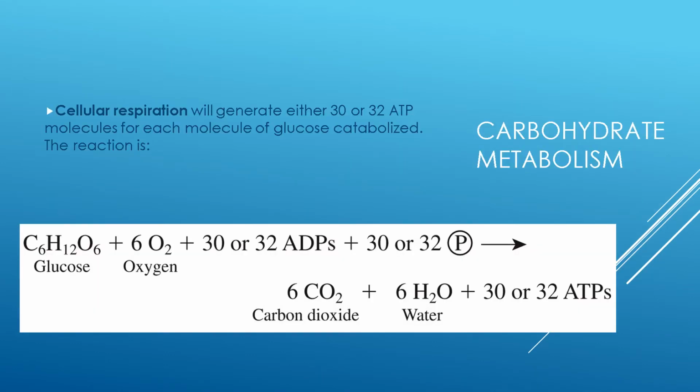The various electron transfers in the electron transport chain will generate either 26 or 28 molecules of ATP for each molecule of glucose that's catabolized. So that's from the electron transport chain.